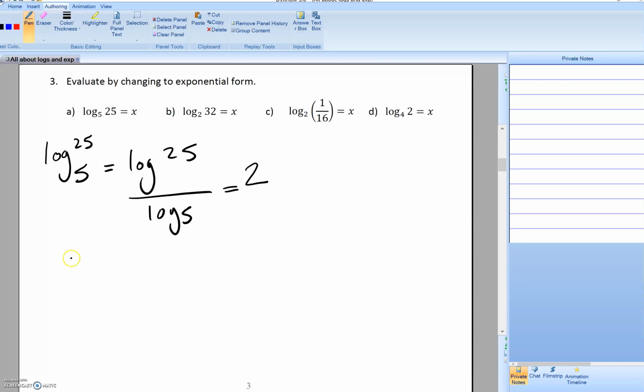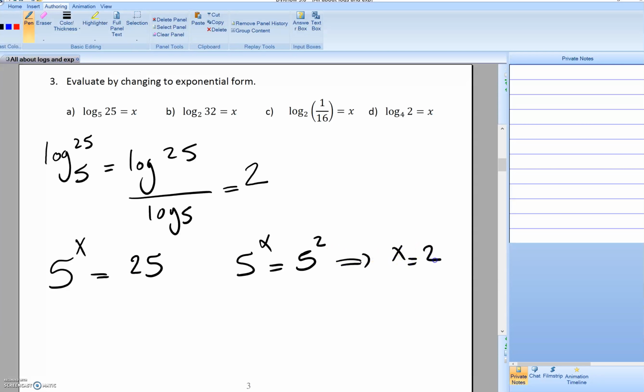So again I can say 5 power x is 25, which means 5 power x is 5 power 2, and then x is 2, because I have the same result and the same base, so of course the powers also have to be the same.